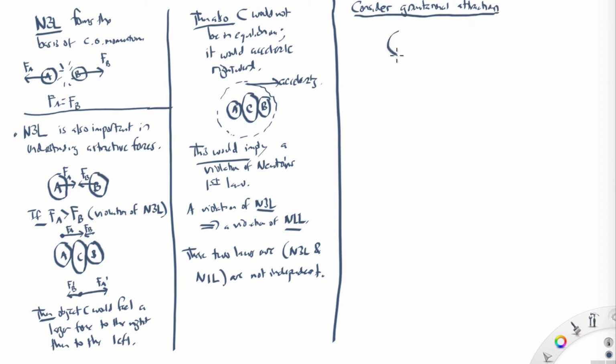Well, he says if, for example, you take the Earth, and these various pieces of the Earth are attracting each other, and if we were to break the Earth into three separate parts, A, B, and C, then again, if object A is being attracted to B and object B is being attracted to A, these two forces should be equal to each other and in opposite directions. If they were not, then the entire Earth would suddenly begin accelerating one way or the other, which would be a violation of Newton's first law.